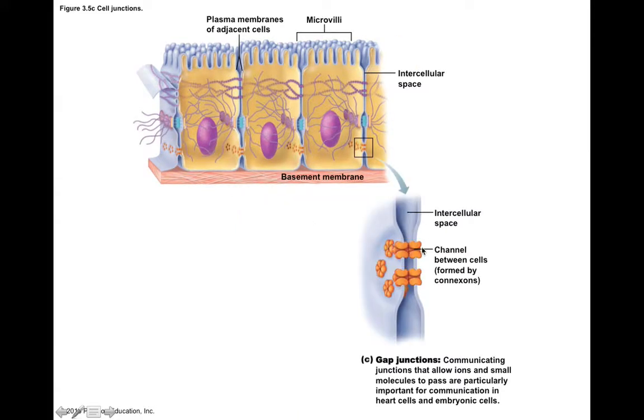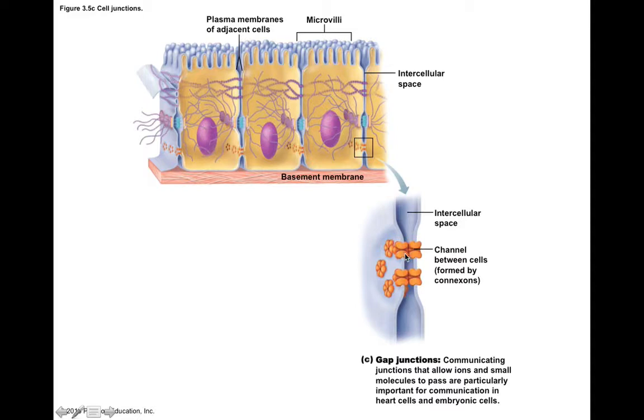Now, the gap junctions, you don't find these in all cells of the body, just certain cells that have specialized functions, especially for communication of like electrical and chemical signals, as well as passing of nutrients from cell to cell. Because effectively what these gap junctions are is a protein tube.